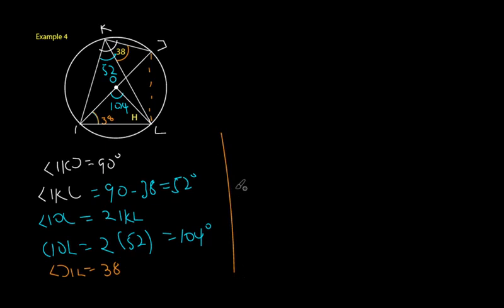So from here, the whole angle within this triangle will give us 180. So we have 38 plus 104 plus h is equal to 180. So h plus 38 plus 104 will give us 142 is equal to 180.